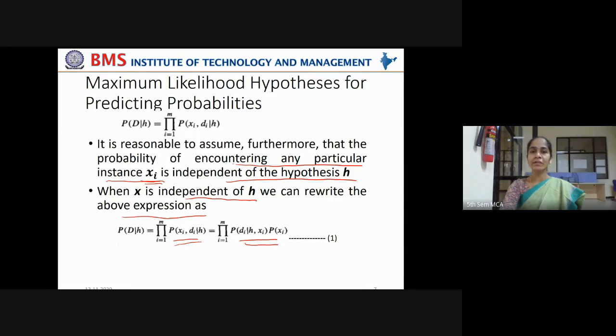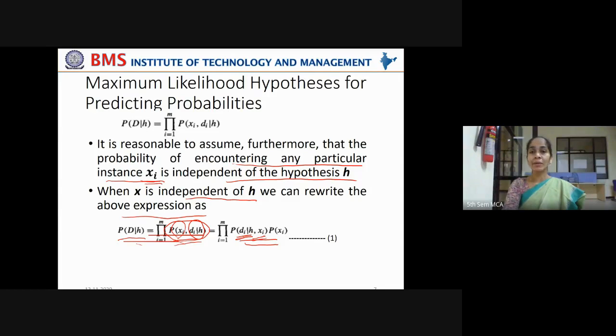You are rewriting the probability of d given h, which initially is probability of xi, comma, di given h. Now you can rewrite that using Bayes theorem as probability of di given h, comma, xi multiplied by probability of xi.